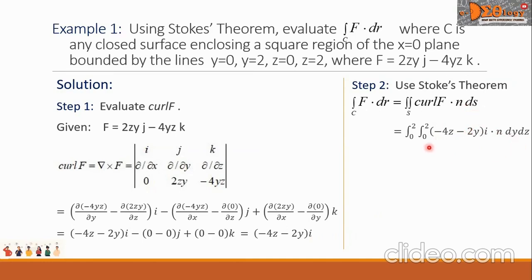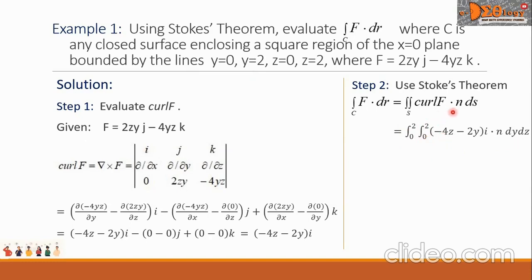Now for the limits of integration, the first integral here, we write from 0 to 2. This is corresponding to dz. The second integral, we write the limits from 0 to 2. And this is with respect to dy.